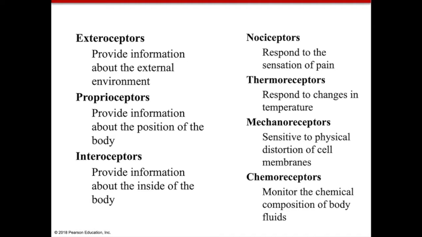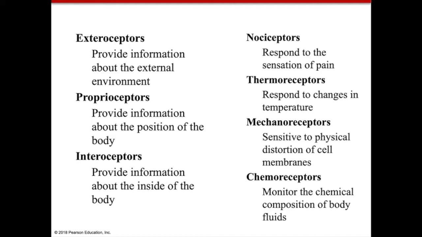Thermoreceptors are for temperature. Mechanoreceptors are for a physical distortion, so anything that moves can be detected by mechanoreceptors. So we can speak about mechanoreceptors as being receptors that are used for touch, for pressure, for vibration, for example.